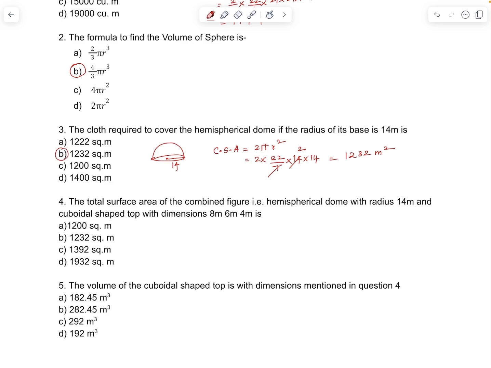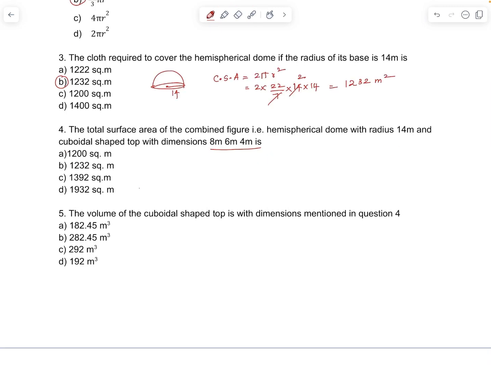Fourth question, the total surface area of the combined figure, that is the hemispherical dome with radius 14 meter and cuboidal shaped top with dimensions 8 meter, 6 meter, 4 meter is. So we have a hemispherical portion and a cuboidal portion on top.